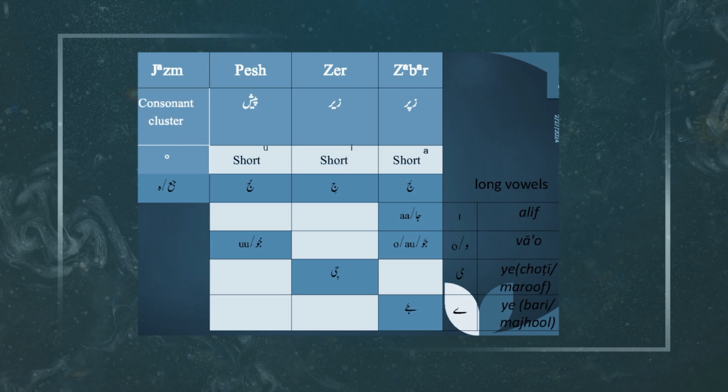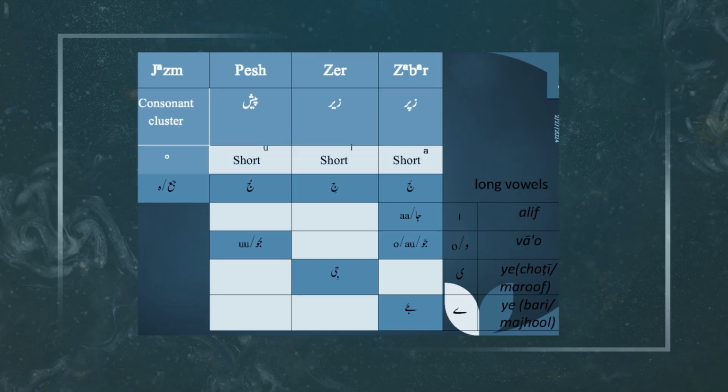It will sound as a long vowel with Alif and Vav, preceded by their own diacritic mark. We will learn this in the Vav group when we talk about the Vav group. And with Ye preceded by Zer, it will sound like Ji.